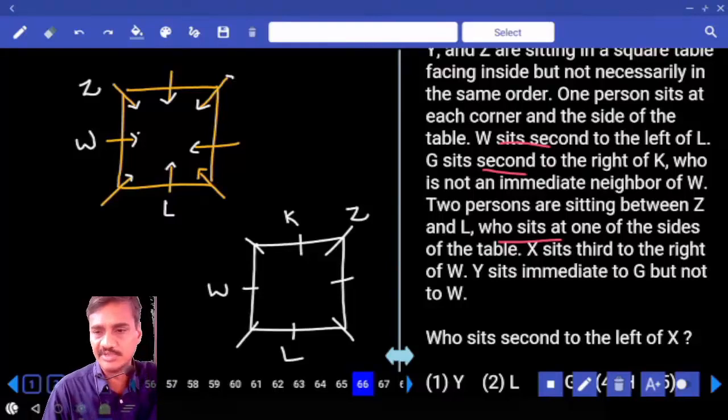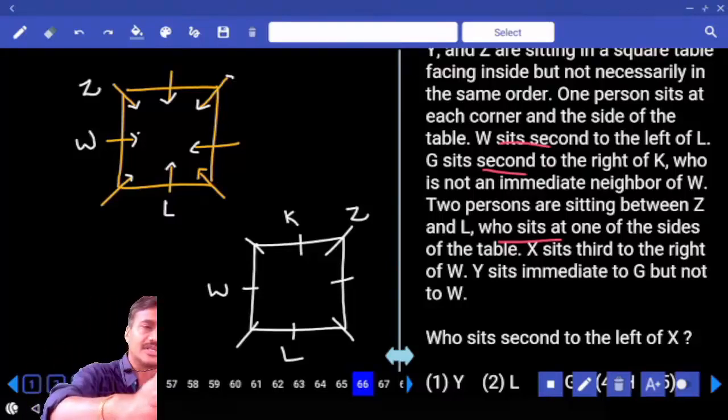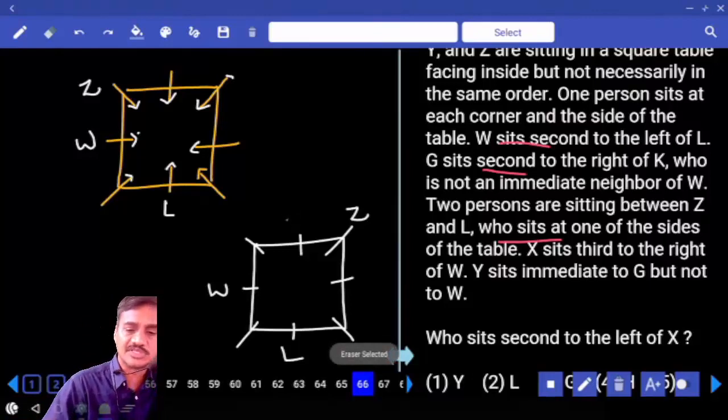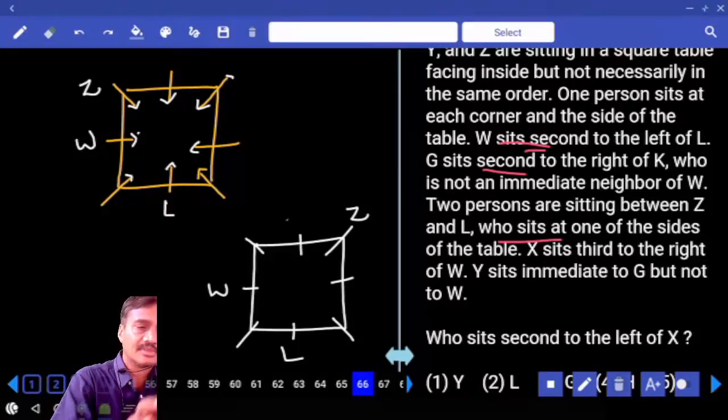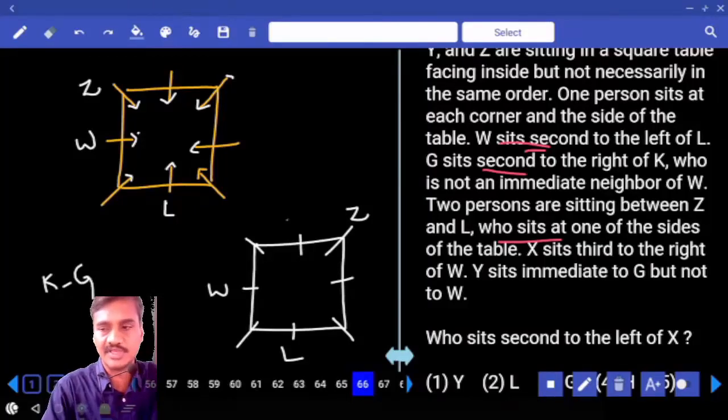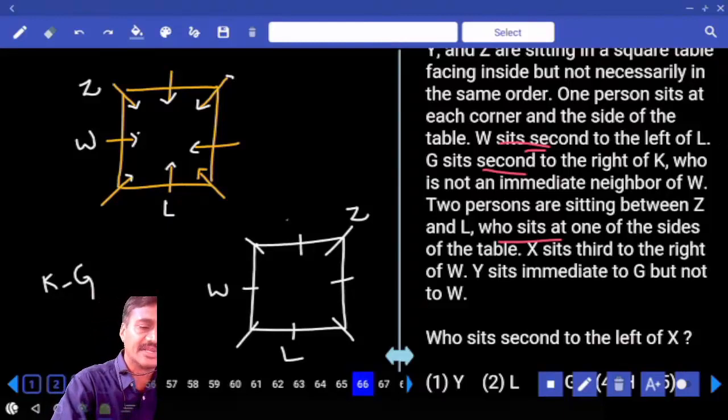G sits second to the right of K, so K must be at this place. K cannot be here, and K cannot be in these 2 places.